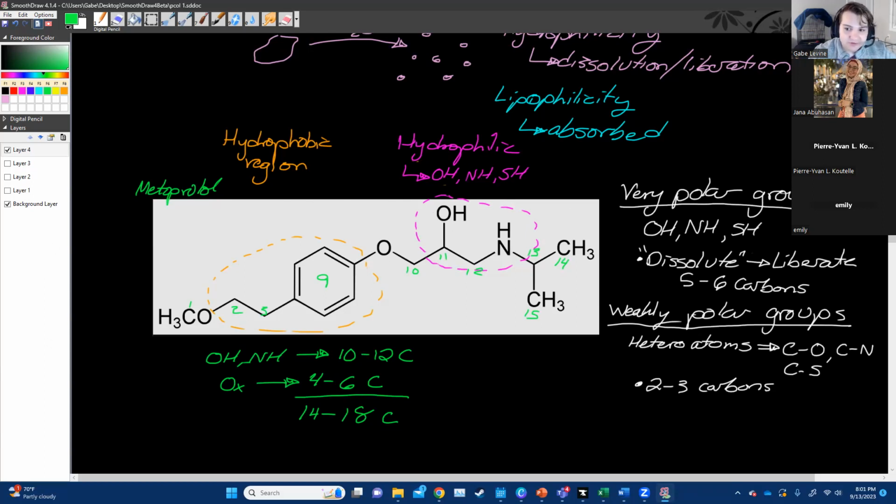We have polar groups. Great, it dissolved, but will it cross the membrane into the body? Yes, it will, because the number of carbons is within this range of the number of carbons solubilized.